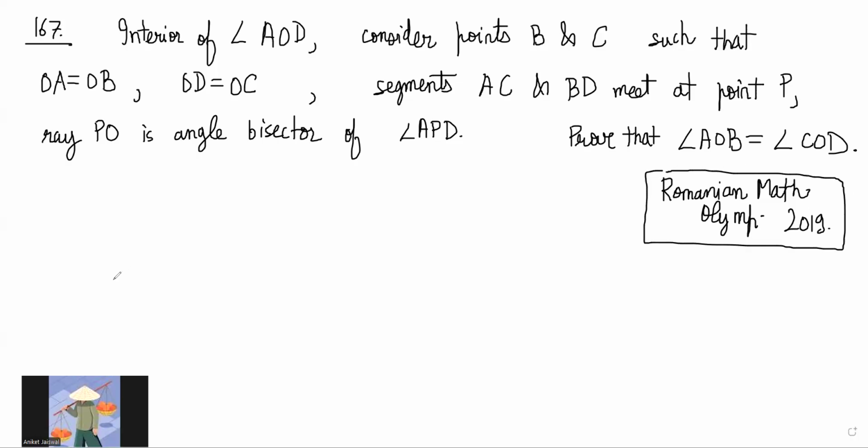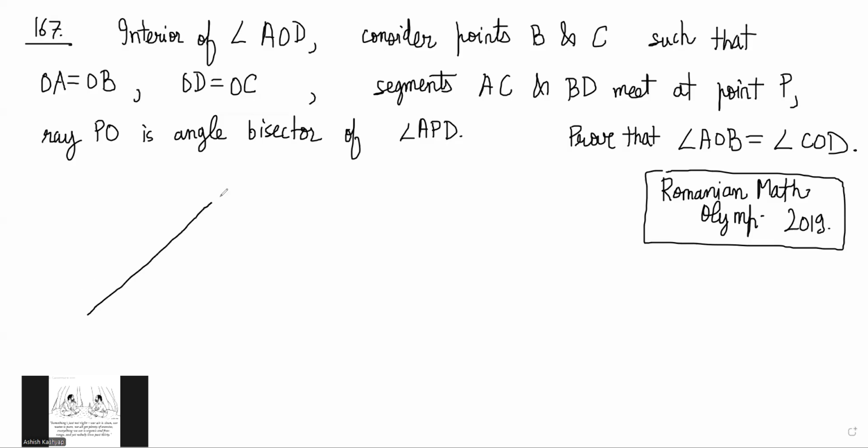Sir, the diagram was made, meaning I worked a bit for half an hour, then the question went in a different direction. Okay, so first you have to think of an angle AOD and inside it there are points B and C in such a way that OA is equal to OB and OD is equal to OC, right? So we'll draw like this.